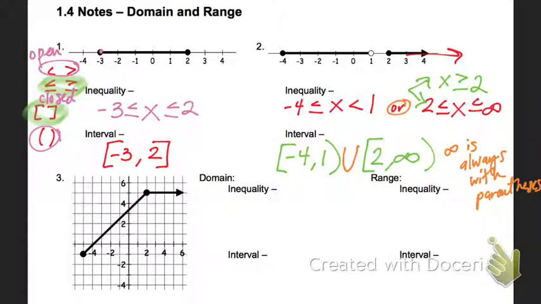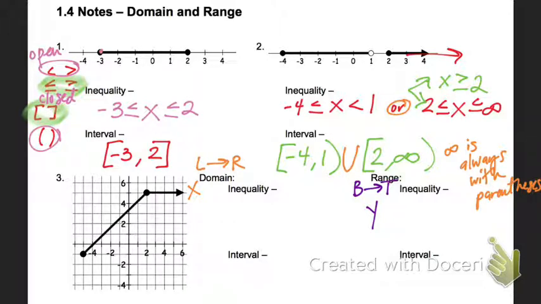Okay, now looking at number 3, now we've changed to a 2-dimensional plane. So for domain and range, domain is always reading it left to right, and you're going to use x's. Now when we get to range, you're reading it from bottom to top, and you call that y.